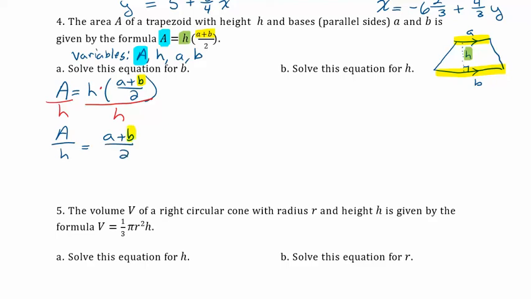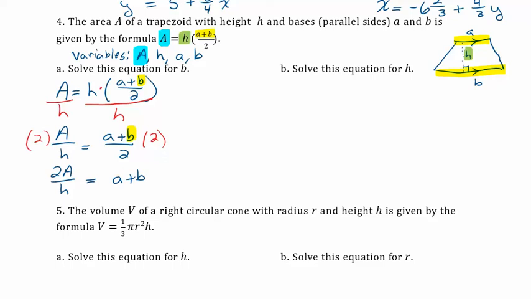All right, we need to get b isolated. What should we get rid of next? Well, since the whole thing a plus b is divided by 2, like a grouping symbol, the next thing we're going to have to eliminate is the 2. Divided by 2. So to eliminate that, we're going to multiply by 2. On the left-hand side, then I'll have 2 times A over h. And on the right-hand side, I'll just have a plus b.